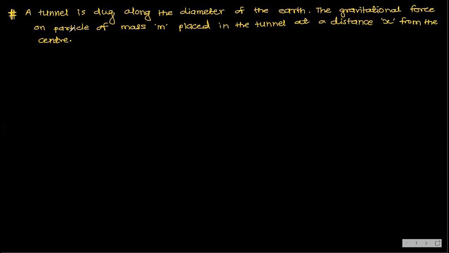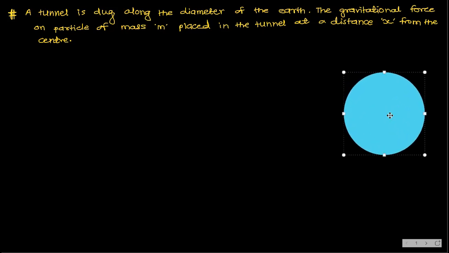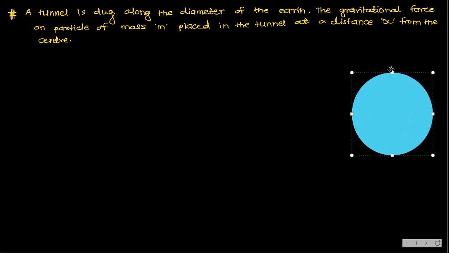Okay, this is what the question is. So how to solve this? Listen carefully. Now we are assuming that earth is a homogeneous sphere, means it has the mass density constant everywhere. Okay, uniform density we can say.